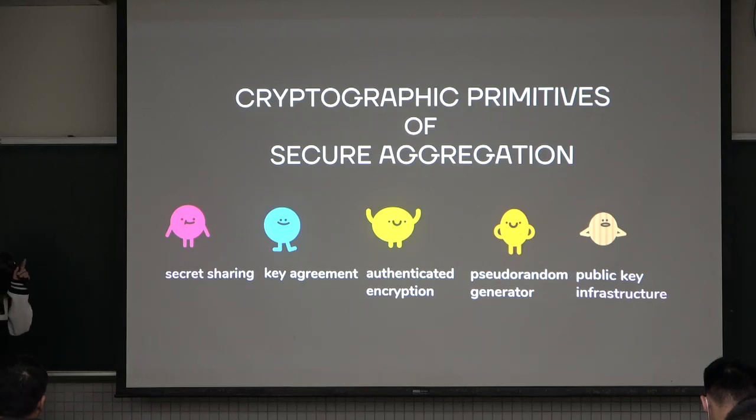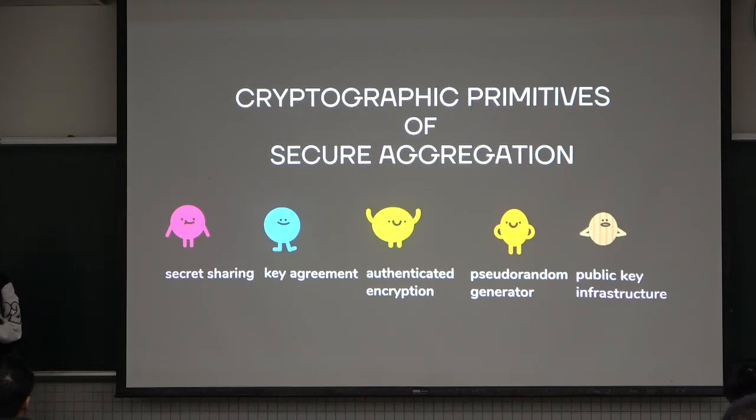The next is the key agreement. This discusses methods of key exchange, which involves how encryption keys for transmitting information among participants are exchanged, which is actually the use of the Diffie-Hellman key agreement method. And the next is authenticated encryption and pseudo-random generator.